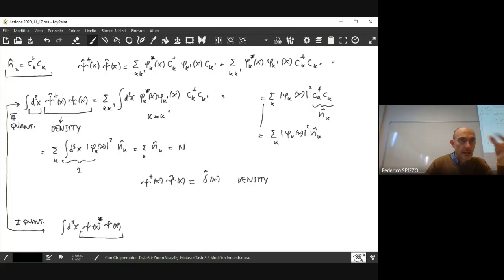On the other side, in second quantization, you have the corresponding field that is a vector field operator that corresponds, in a similar way, to a density operator. So you have the density operator that tells you what happens in the position space representation, in the coordinates representation, when you consider the operators.